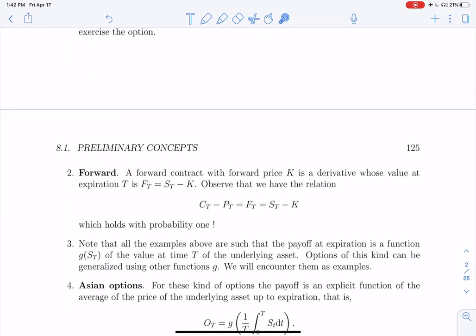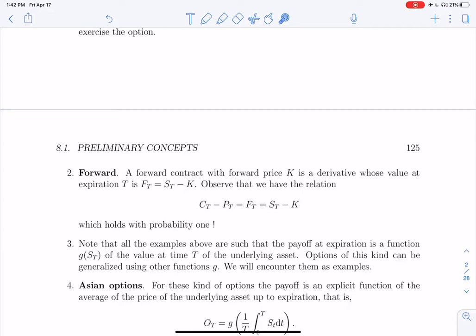All right, so there's also the forward contract. A forward contract has value S_T minus K. So the financial meaning is that at time T, if you own a forward, you're going to sell the asset at price K no matter what.